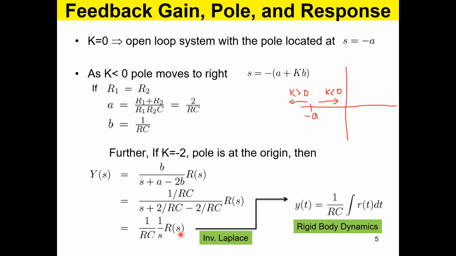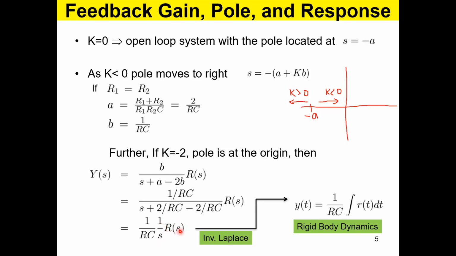So if you want to do inverse Laplace of that one, what is it in time domain? Integration. If you look at the Laplace table, it is integration of RT. 1 over s means integration in time domain of the time function of this one.